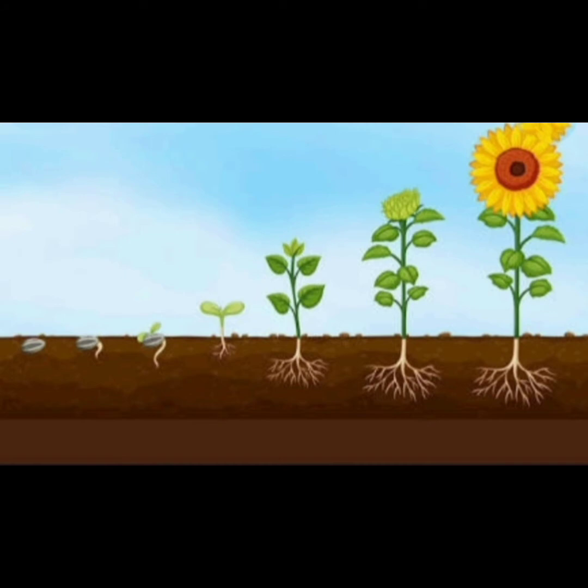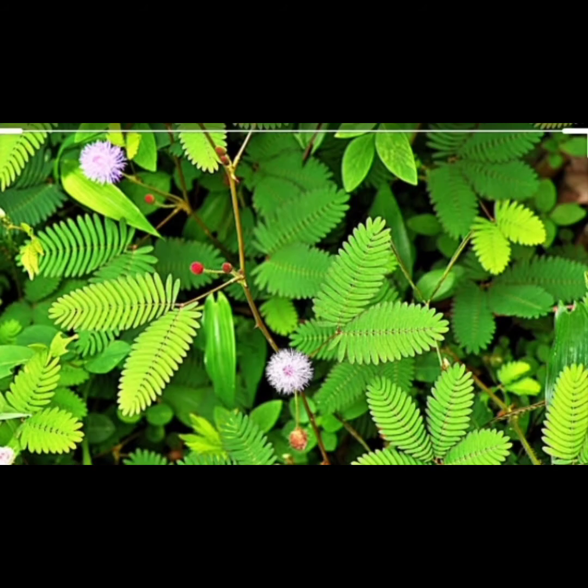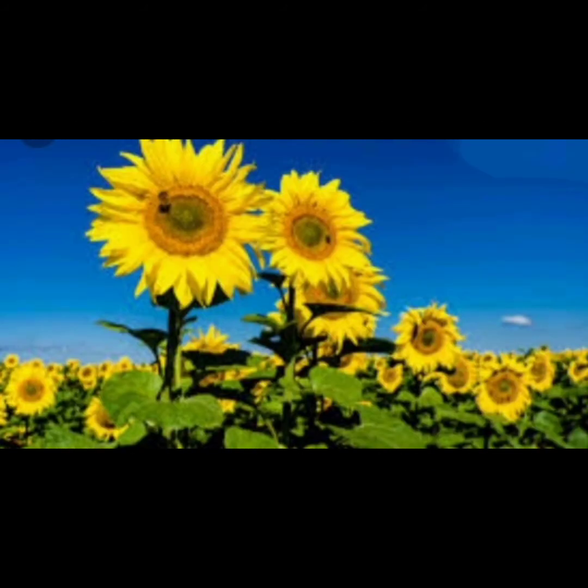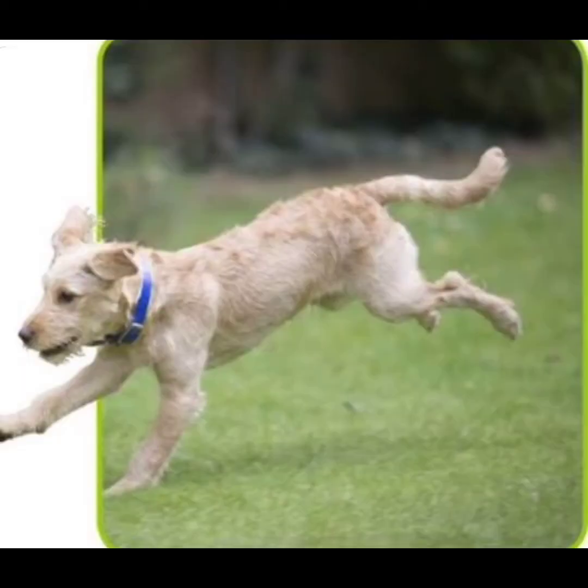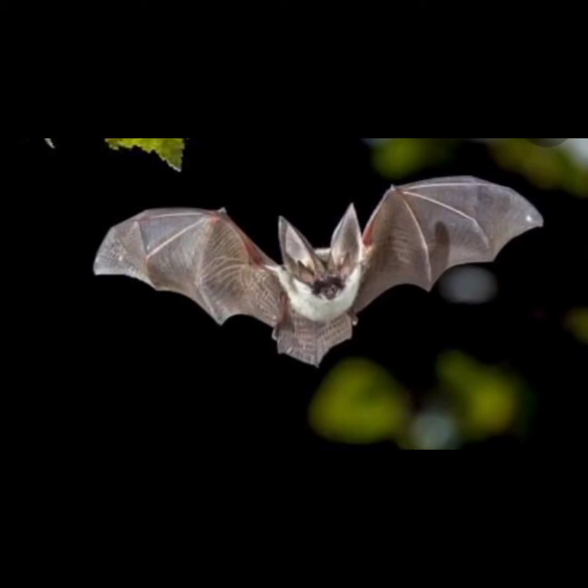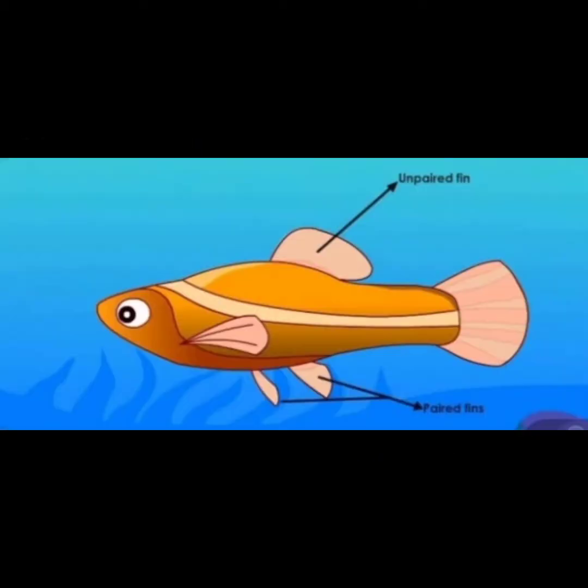Plants are living things. They do not move like animals and human beings, but leaves, flowers, and seeds move. Flowers generally grow in the direction of the sun. Most animals walk on their legs. Birds and bats use their wings to fly. Fish use their fins to swim.